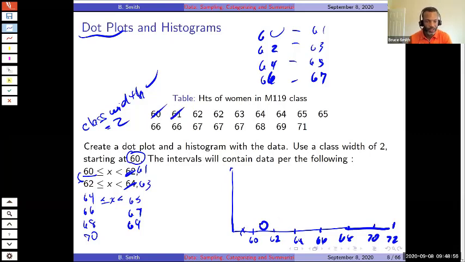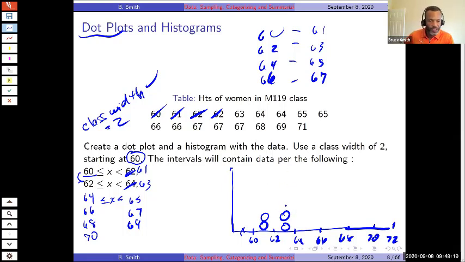61 would also be in here. 62 would be over here, as with this other 62. So if it's equal to, then it's over here on the left. That inequality tells you which bin to drop it into. So let me just do this quickly.